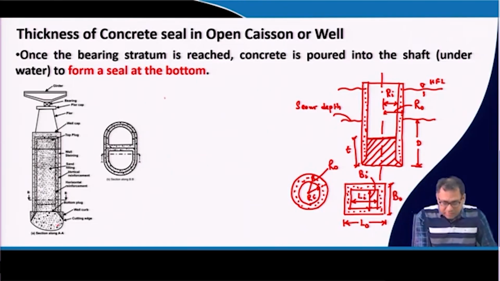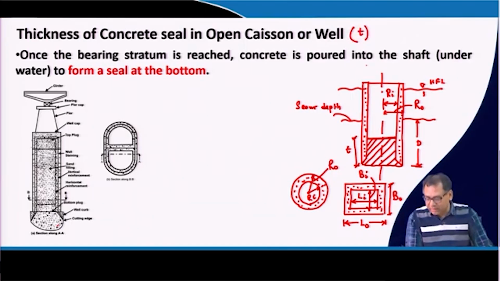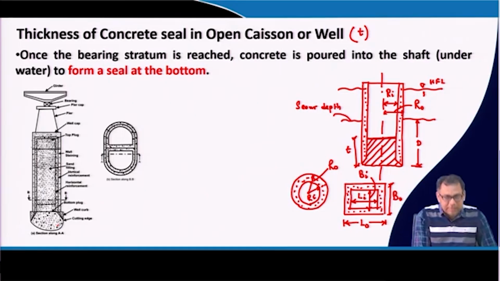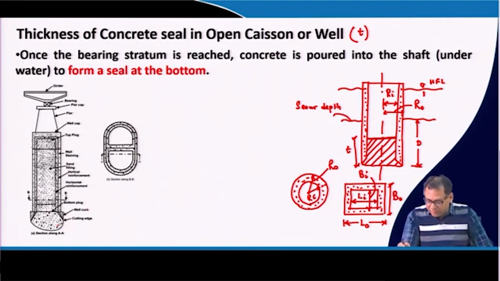So, the thickness of the concrete seal is equal to T, as in this figure, this thickness, which is also the thickness of the bottom seal. That we have to determine. I have drawn a simplified section. It is circular or it can be rectangular.